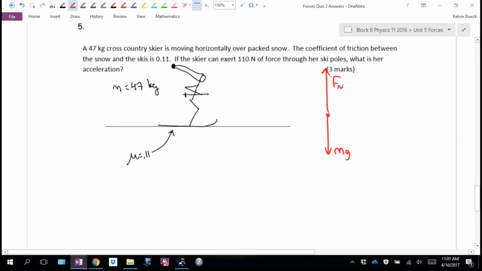If she pushes against the snow with 110 newtons, what does the snow push on her with? 110 newtons forwards. And I'm drawing the free body diagram on the skier, so the 110 newtons would end up pushing forwards because it's Newton's third law, forces come in pairs.